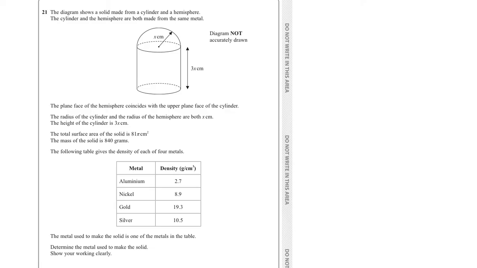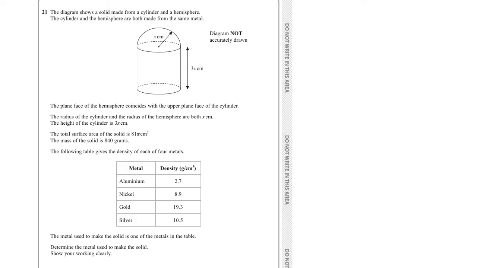Okay, first of all, I know we should always read the rest of the question. I've quickly read it in my head, and it wants us to figure out the metal, because it tells us the mass as well. If we have the mass, and we're trying to find density, does anyone know what density equals?